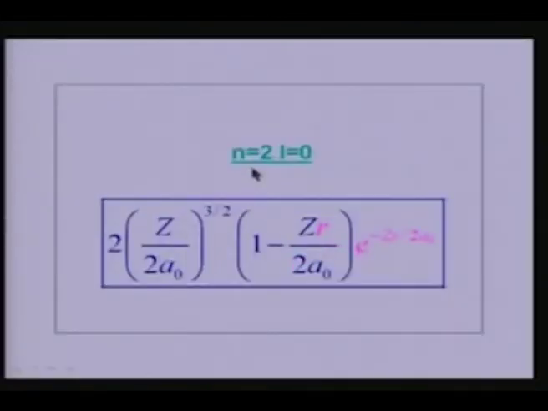Let me go to the next one. n equal to 2, l equal to 0. The radial function is 1 minus r by 2a naught, Z is 1, times e to the minus r by 2a naught. Now as you increase from r equal to 0 to higher values, this function becomes smaller, but is not 0. It goes to 0 at r equal to 2a naught, and then it is negative for all values of r greater than 2a naught.